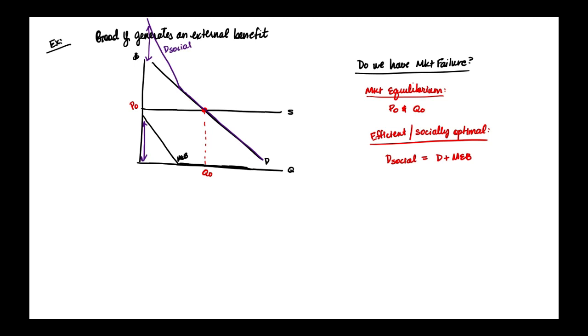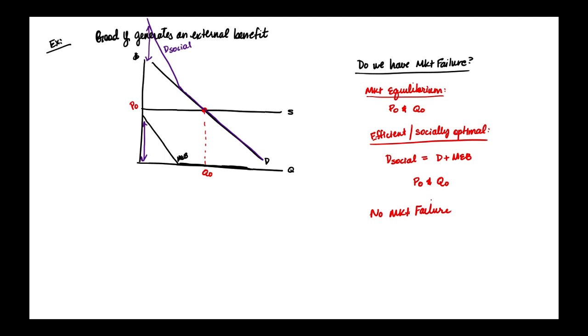P0. Good. What's the socially optimal quantity? Q0. All right. So we have a situation where this externality doesn't result in market failure, right? So we have no market failure in this example.